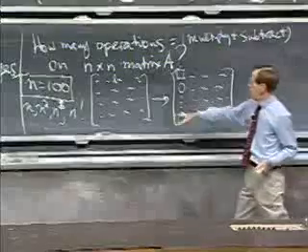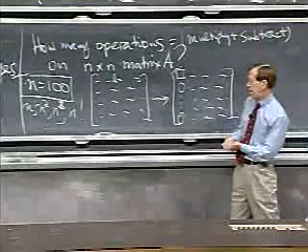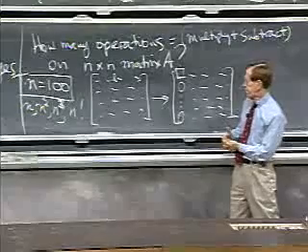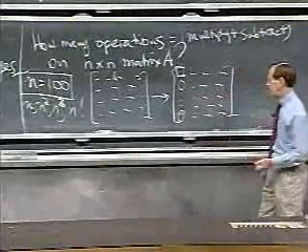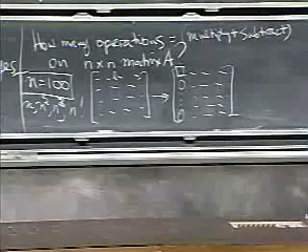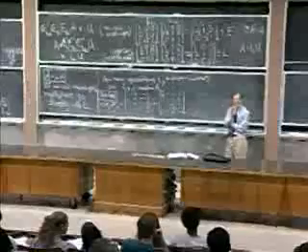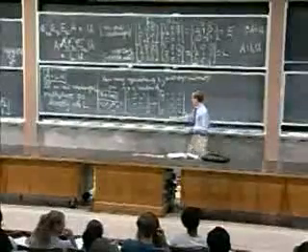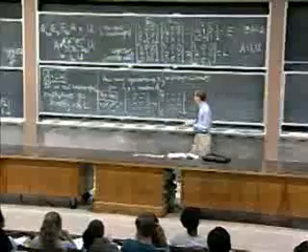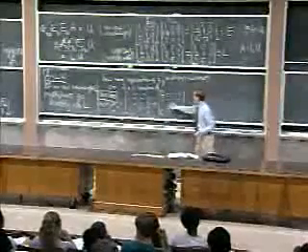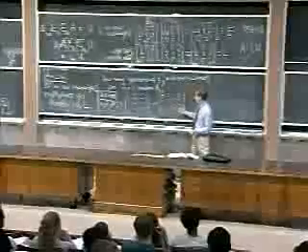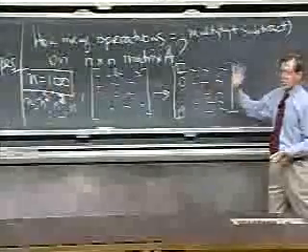So, let's see, how many roughly? How many operations to get from here to here? Well, maybe one way to look at it is all these numbers had to get changed. The first row didn't get changed, but all the other rows got changed at this step.